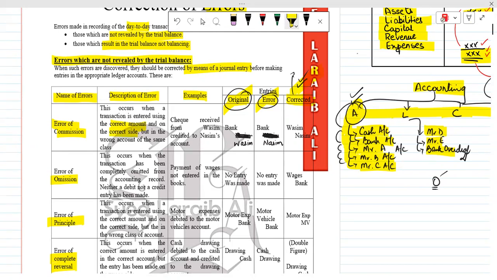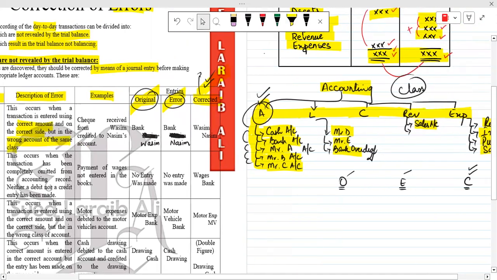However, the error was of a wrong account of the same class. It means that in each class, there are different accounts. For example, in the class of asset, during a transaction, cash was supposed to be increased, but we increased the bank account. So the class was the same, accounts were different.